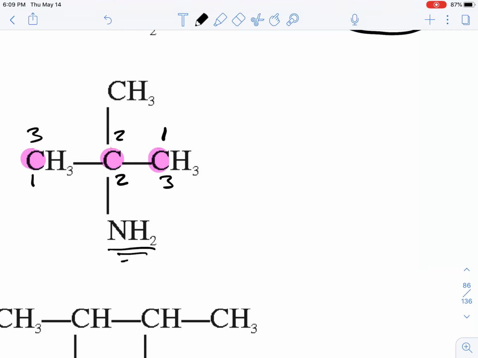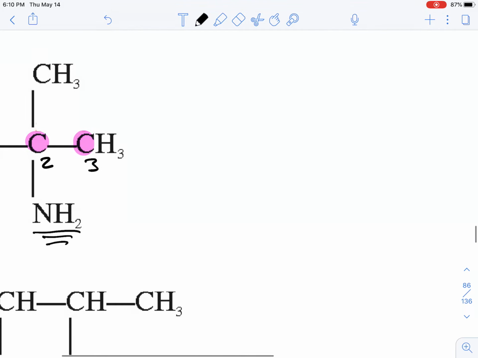So we want to make sure that the amine gets the lowest carbon number when we apply the numbering system. Since it's 2 and 2, left, right, right, left, it doesn't matter which direction we number our carbons, it's going to give us the same answer. So I'll just go ahead and use this one.